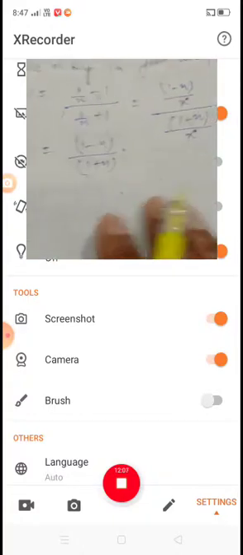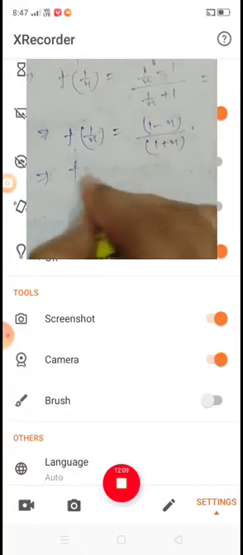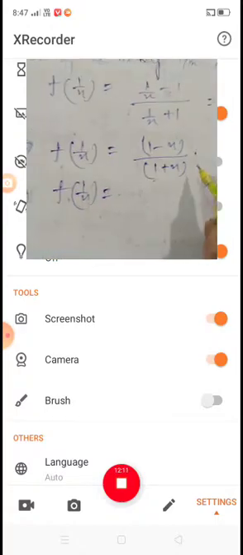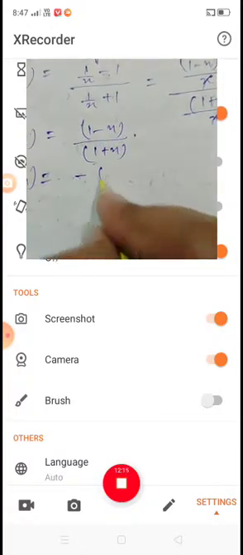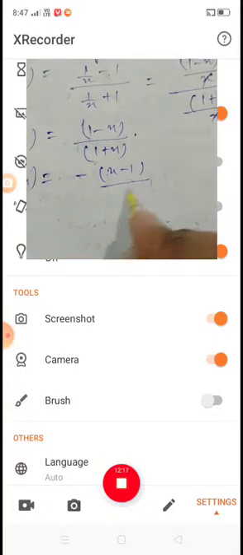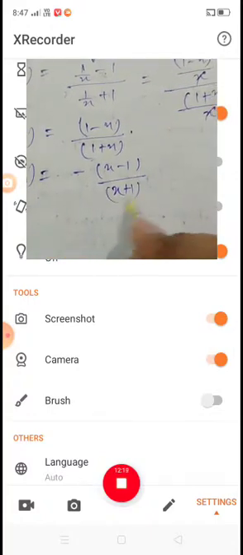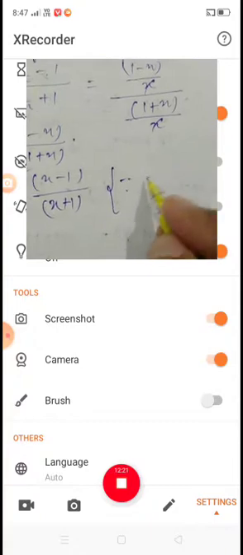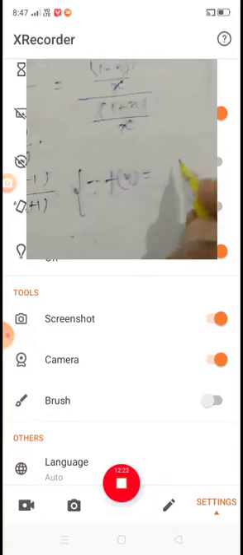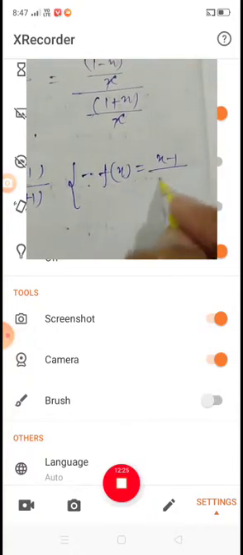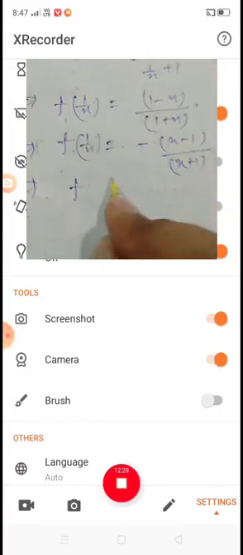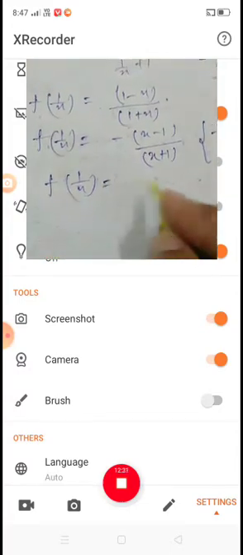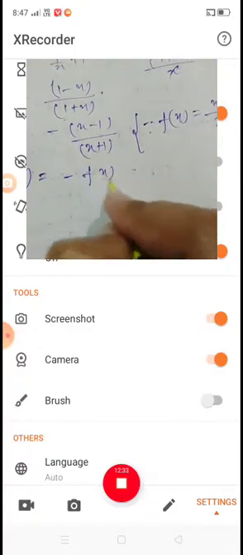Now we have minus f of x is equal to, we take minus common in the numerator, then we get x minus 1 upon x plus 1. Since you know from the question that f of x is given by x minus 1 upon x plus 1, so we have f of 1 upon x is equal to minus f of x.